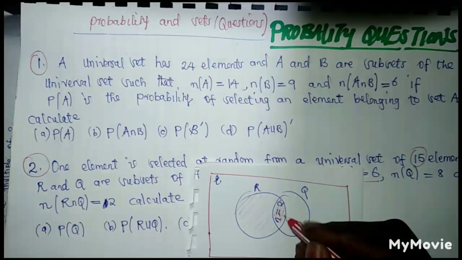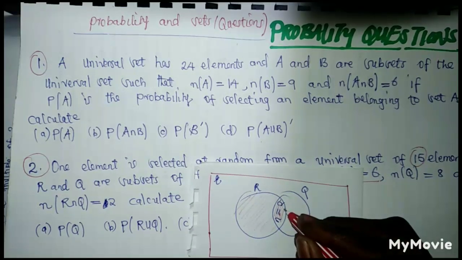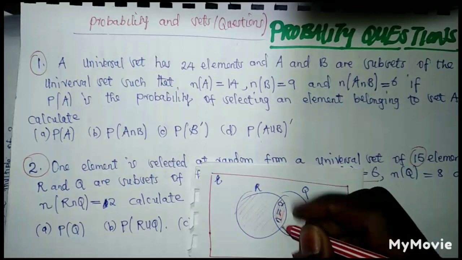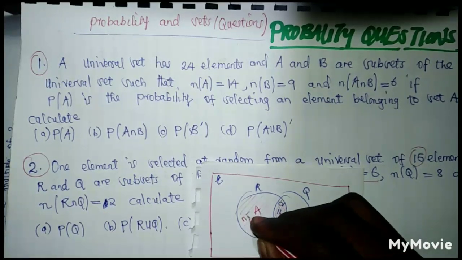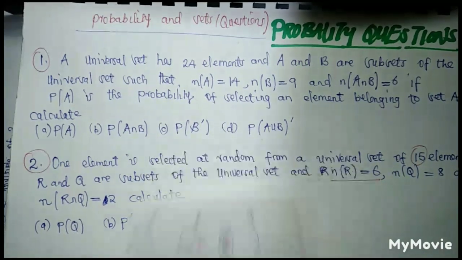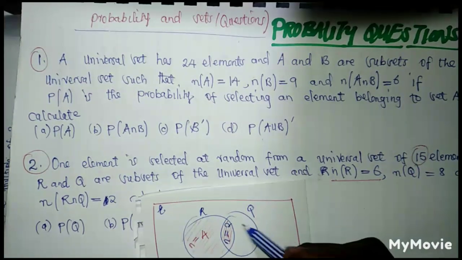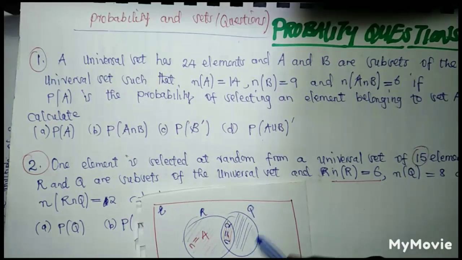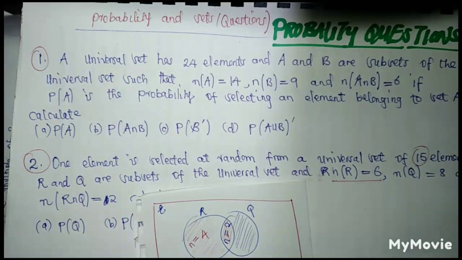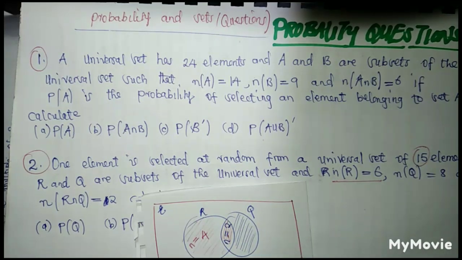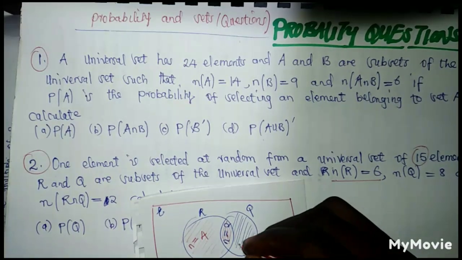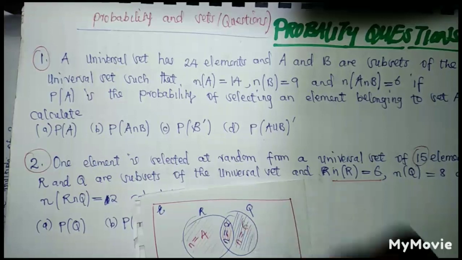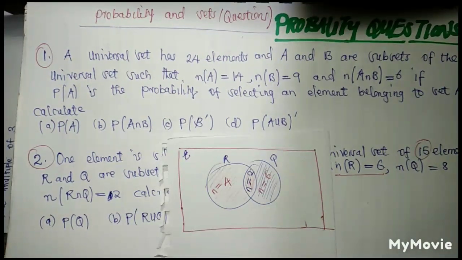So 6 subtracting the 2, we have 4 elements. And then going to Q, we are told that the whole of set Q has 8 elements, but we already have 2 that are in Q. So we subtract, and the number of elements is equal to 6. Okay, so we have solved this.